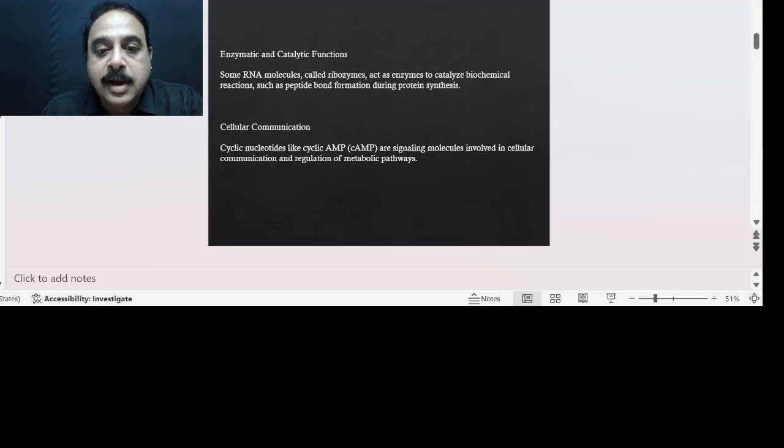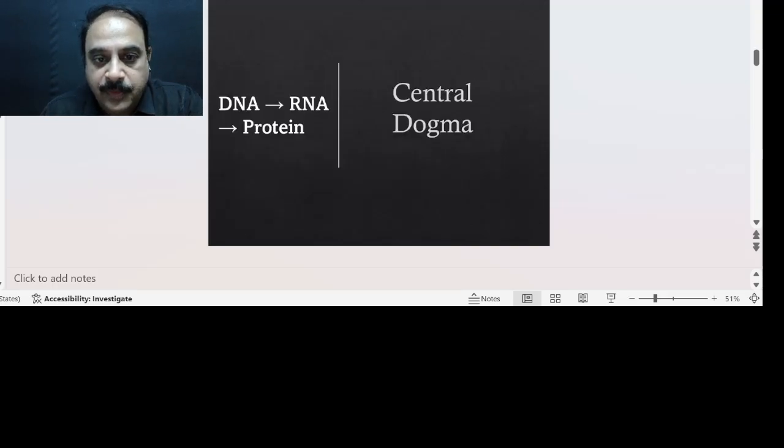When we look at the central dogma, DNA makes RNA and RNA makes proteins. This flow of information drives biology.